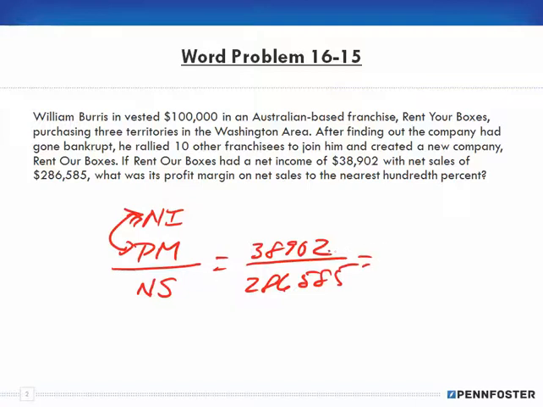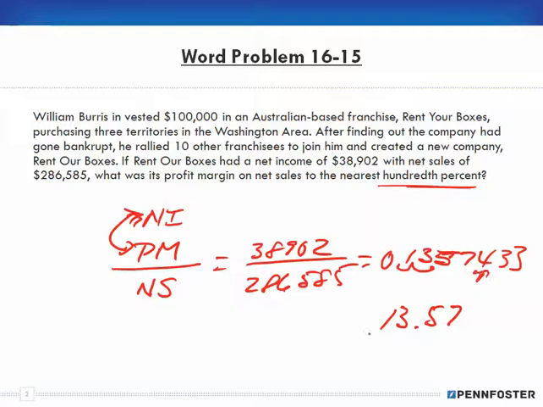And when you divide the 38,000 by the 286,000, you get 0.1357433, and it's telling you to round to the nearest 100%. So I get 13.57%, because the 4, we're rounding down.